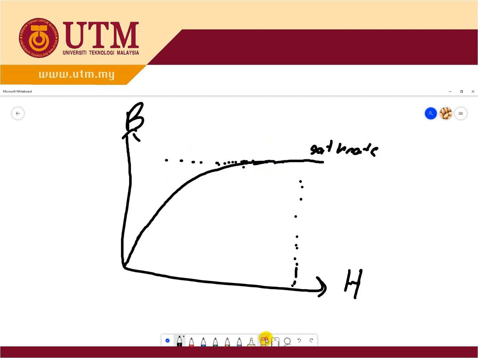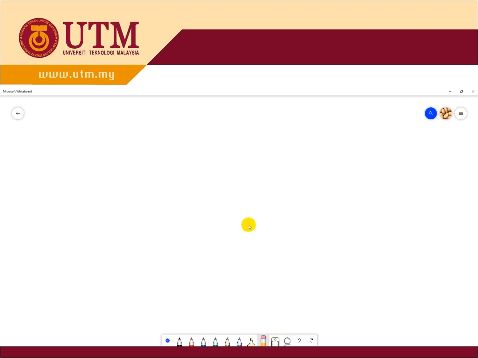So what is hysteresis loss? Hysteresis loss only occurs when the source is AC.